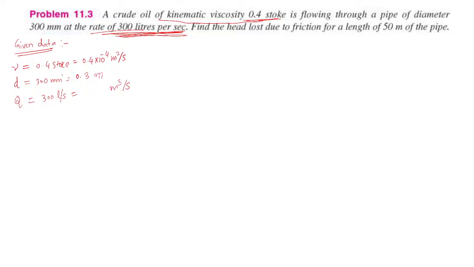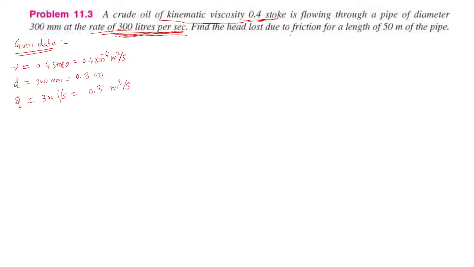How you can convert it, you already know. Just divide the liters by 1000 and you will get it converted to meter cube per second. If you do so, it comes around 0.3. If I am doing anything wrong, just let me know, okay. So we are getting this discharge, right.